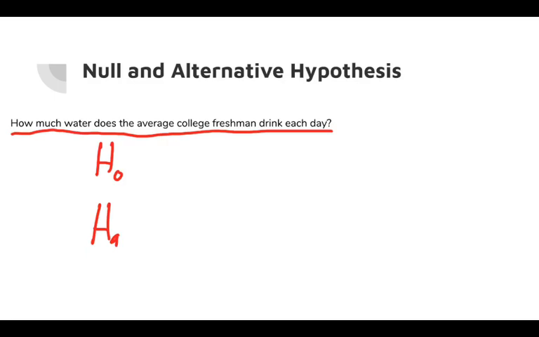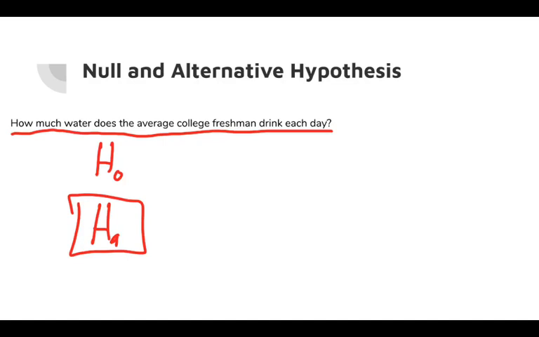I like to start with HA, the alternative hypothesis, because the alternative hypothesis is the thing that you think is going to happen. In a scientific study, this would just be the main hypothesis.